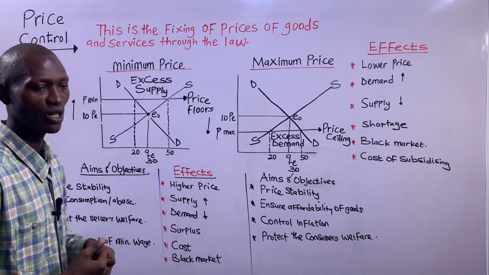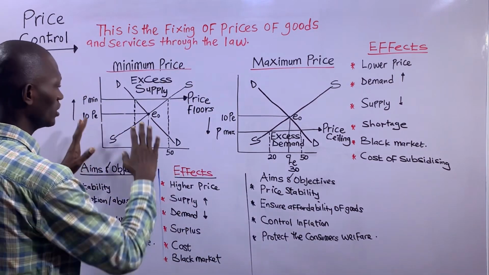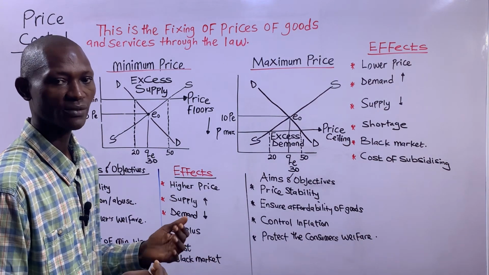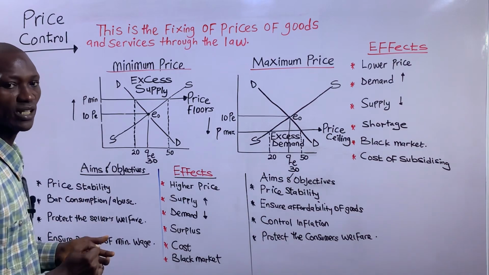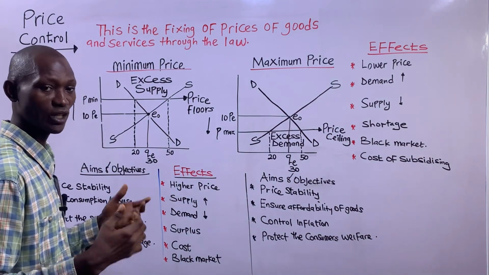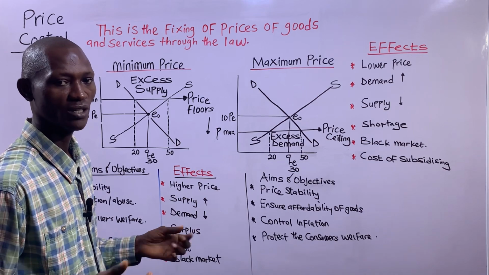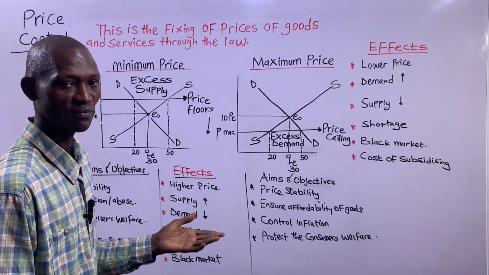Then on the part of the government, depending on what they want to achieve, perhaps we did say here that the government wants to protect the producers from price volatility. That's why the government is raising the price above the equilibrium. Price volatility means a sudden fall in the price of particular goods or services, and that may lead to the crash of the market.